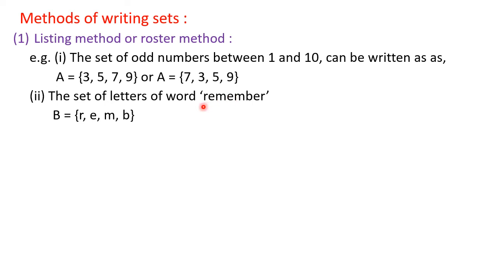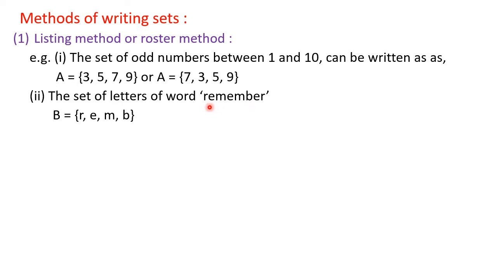So see, R is written first, then E, then M. The next is again E, but we have already taken it, so we cannot repeat it. Then again M, so ignore it. Then B is a new letter, so write down B. Then C, E. E is repeated again, 3rd time, so do not write. And R also is repeated.